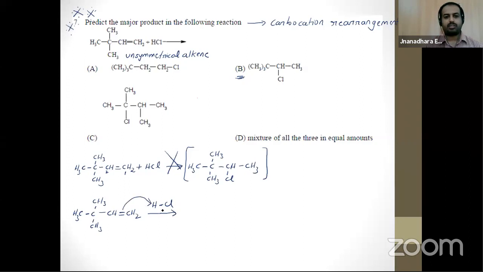The pi electrons attack H, electrons go towards chloride, and the carbocation you get here is CH3, C, CH3, CH3, and this is CH with a positive charge. This is a secondary carbocation.